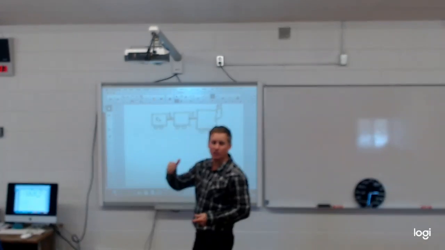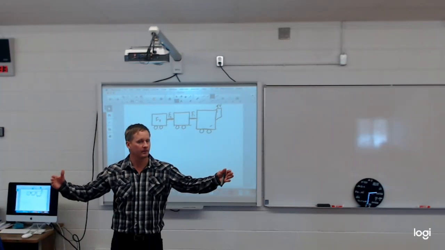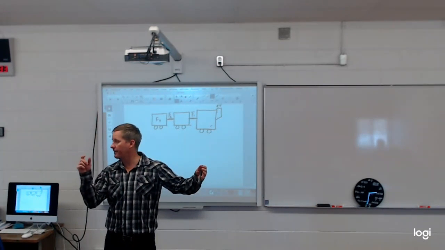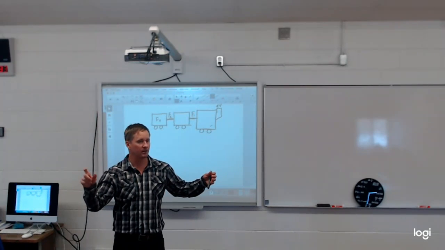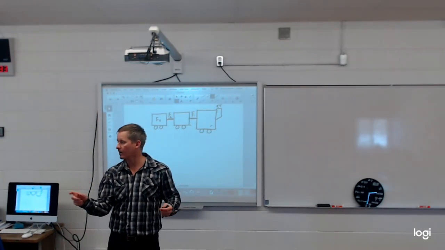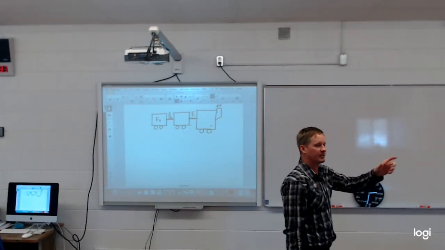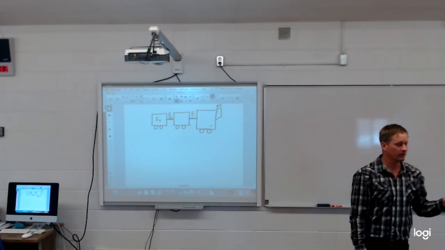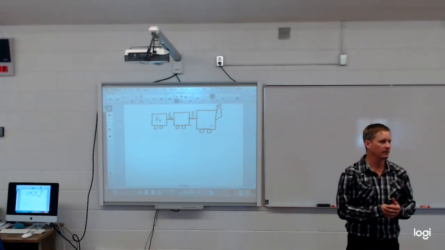They are linked together. But the amount of force on the coupler between the engine and the first car is not the same as the amount of force on the coupler between the last 2 cars. And it's all based on mass. That's all there is to it.